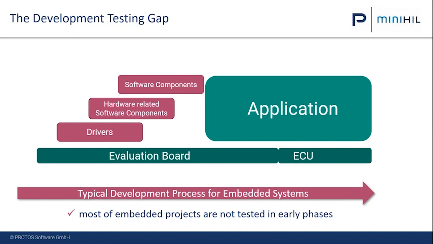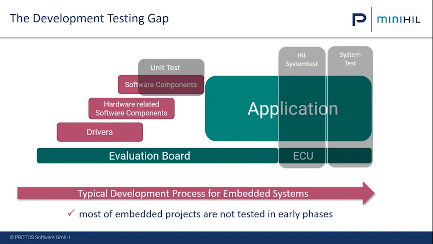On top of that, you create your software components and you integrate everything to an application. Eventually, you move to the real ECU, so to the real electronics hardware, and integrate this all to a complete application. So the normal points where most projects test are here.